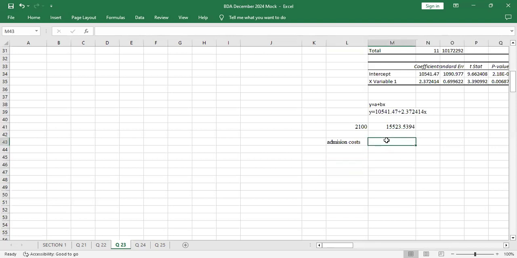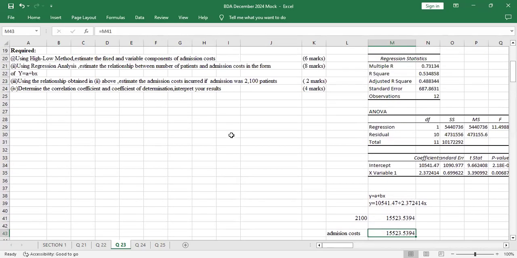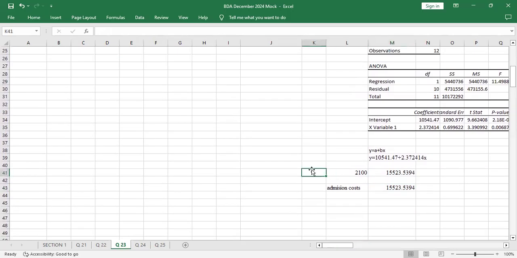So the admission cost will be this. Good. So the last part, number 4, this was number 3, let me just say additional information number 3. So number 4 is the last part.